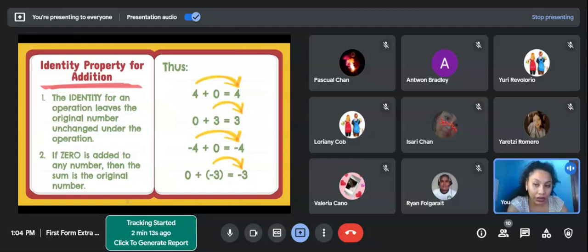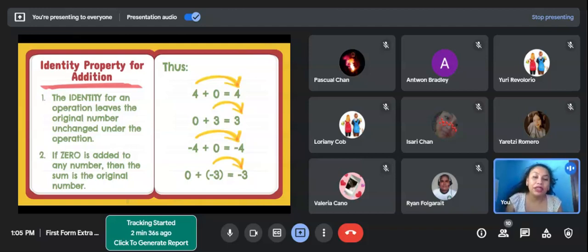The first number property that you guys looked at was the identity property. Identity property for addition and identity property for multiplication. Most of the rules that we're going to look at and most of the properties deal with addition and multiplication. Those are the ones that we want to concentrate on.